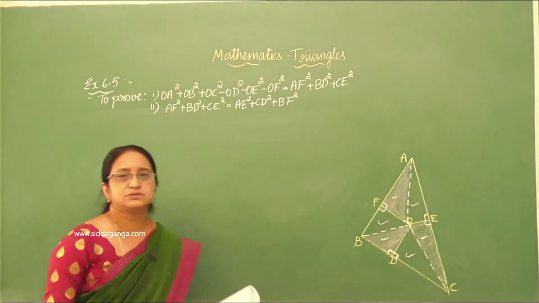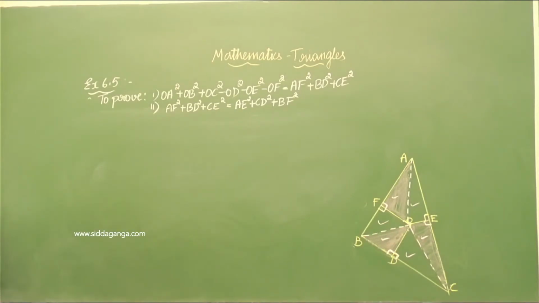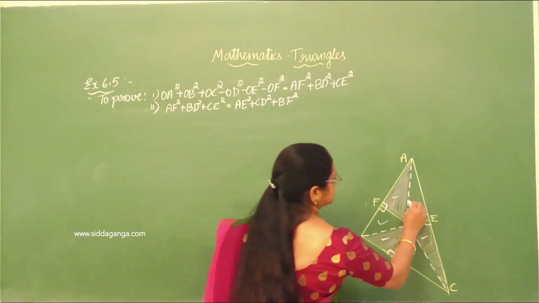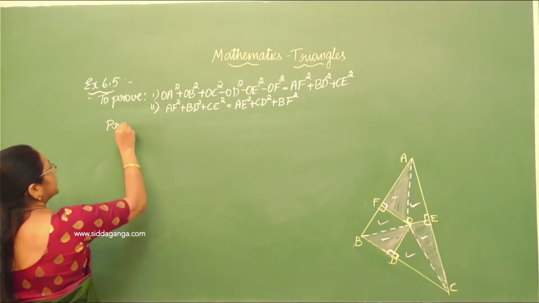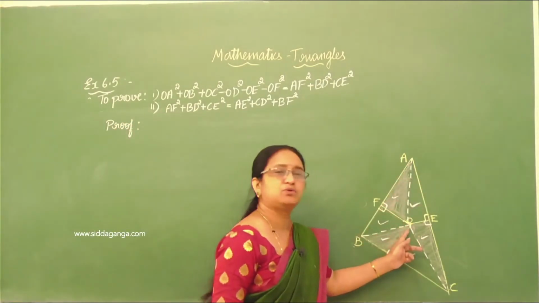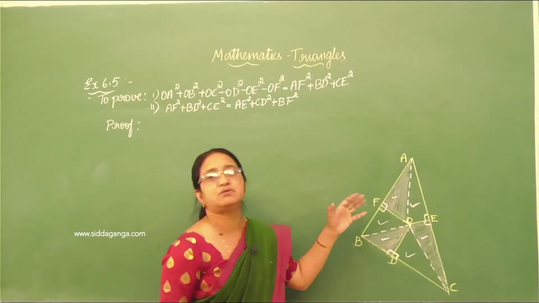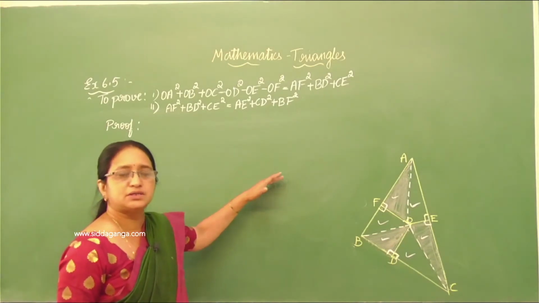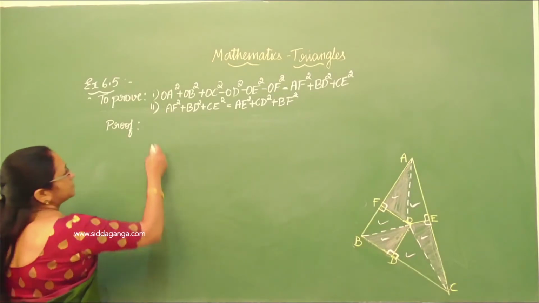Shall we continue? Now, in this triangle, proof. Again, I am continuing, so I am not writing once again 'join OA' and all those things. If it is given separately as only one question, then you can write it. Since they have given two sub questions under the same heading, I am continuing this.